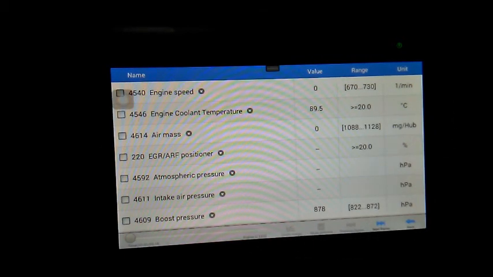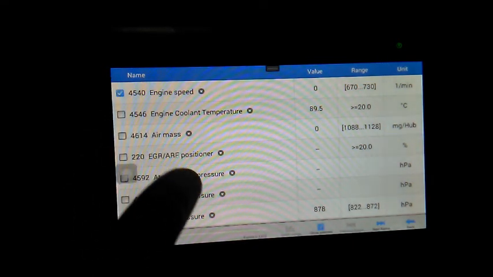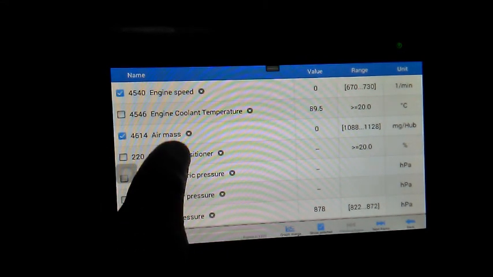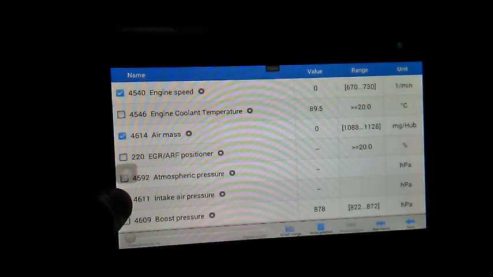Let me graph the engine speed and the air mass.